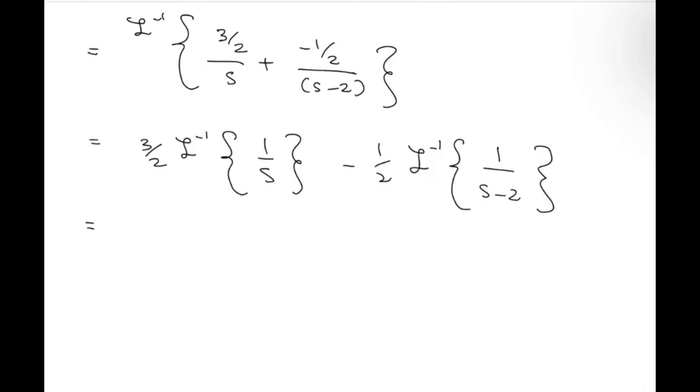So the inverse Laplace of 1 over s is 1. So 3 over 2 times 1, this one, minus 1 over 2 exponent. So s minus 2 is exponent 2t. So the answer is 3 over 2 minus 1 over 2 exponent 2t.